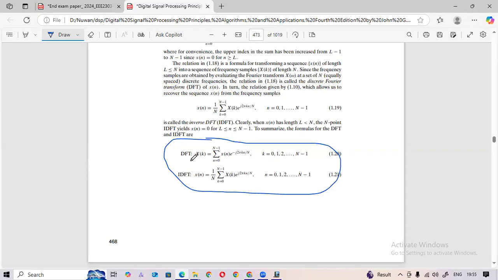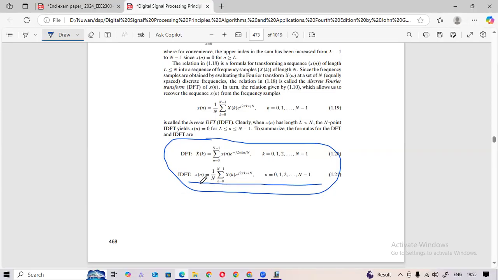Maybe you can say that in IDFT you need not do integration. Again you have to do some addition like this. So IDFT also you can calculate very easily.